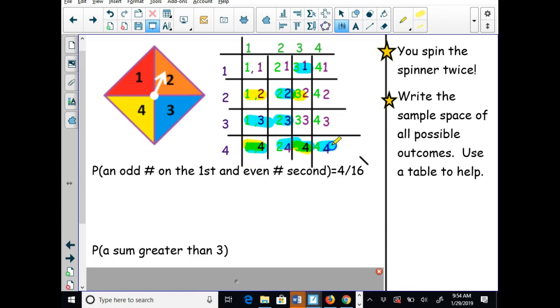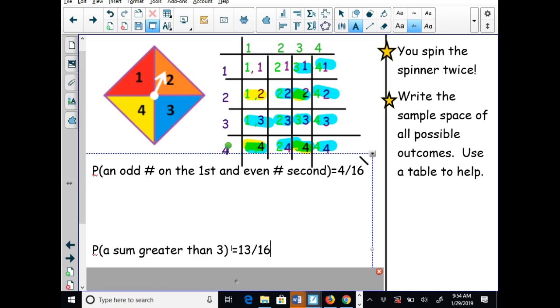This is something where you might want to use the complement rule. But since I'm highlighting them all, I'm just going to add them all up. So that's 1, 2, 3, 4, 5, 6, 7, 8, 9, 10, 11, 12, 13 spaces where the sum is greater than 3.